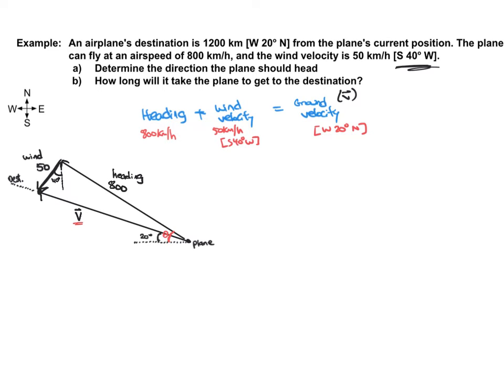I will draw it in yellow. So using this 20-degree angle here, zipping across the ground velocity, and then I'll draw another horizontal line here, completing this Z pattern, meaning that this portion of the angle is 20 degrees.